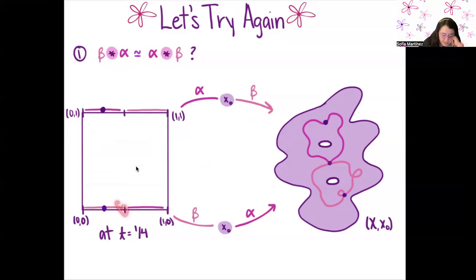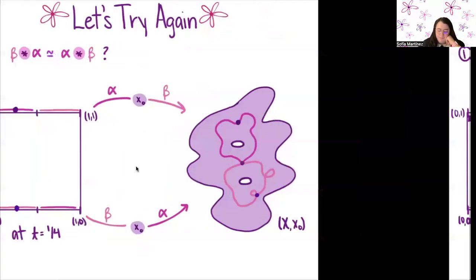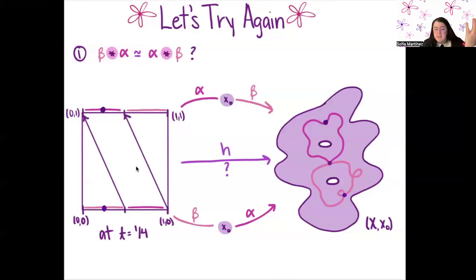Can I drag this tick mark somewhere, this one somewhere, and this one somewhere so that it looks like the loop above, this composition? And just as a note, at time point a fourth, we're kind of on polar opposites of these loops. So the question is, does a homotopy exist?